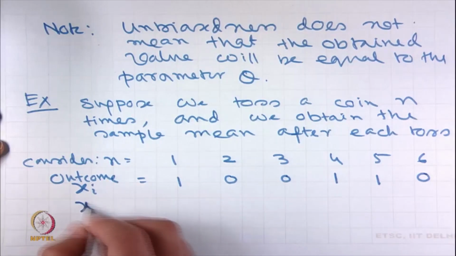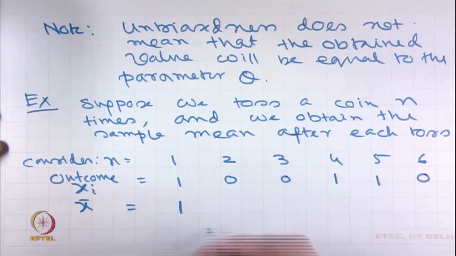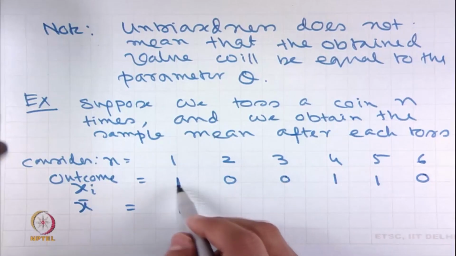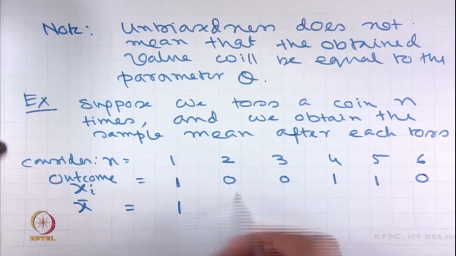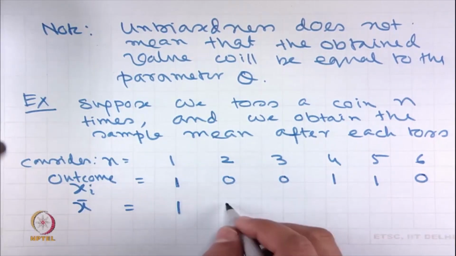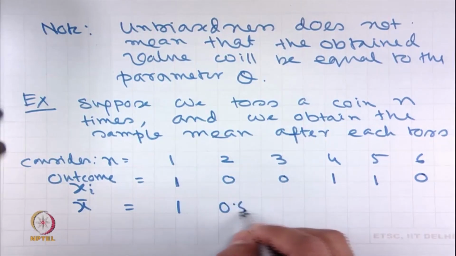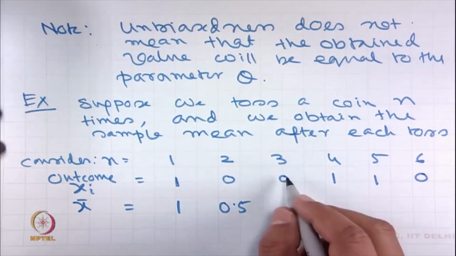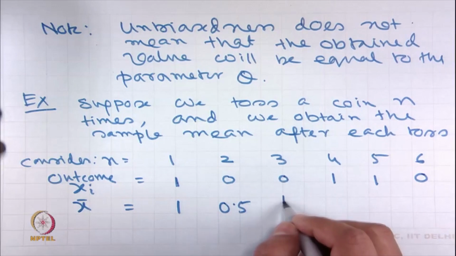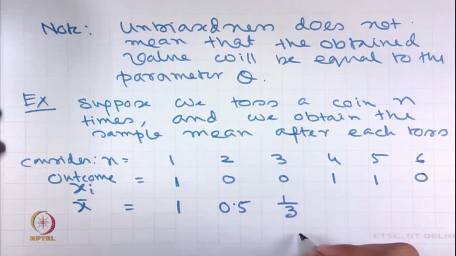Therefore, x bar is equal to 1, because it is the mean of one sample. It is 0.5 at this point. At this point it is 1 by 3.